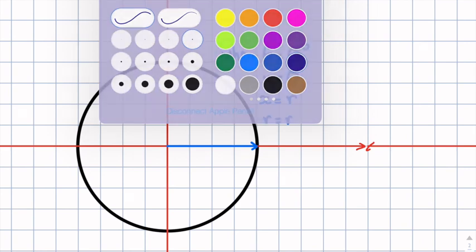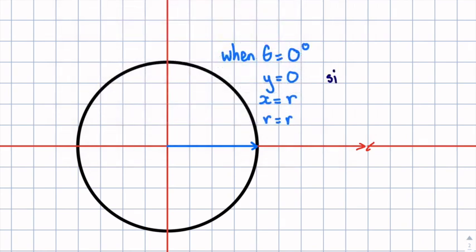So now we can say sine theta, or sine 0, equals, well, sine was y over r. Here that's 0 over r, which is 0. So sine 0 equals 0.